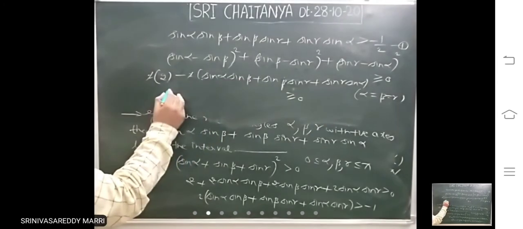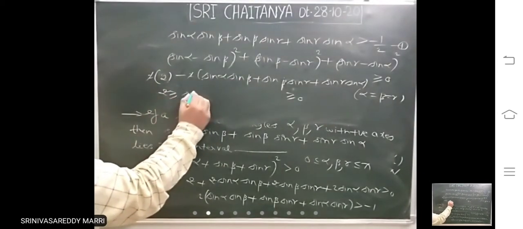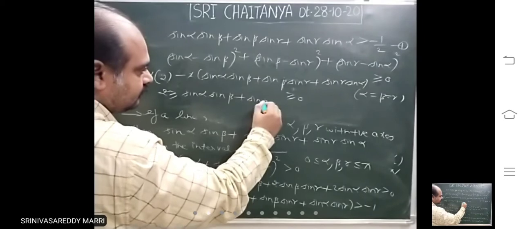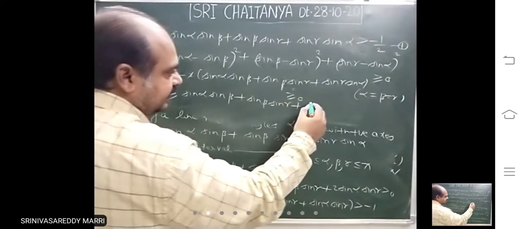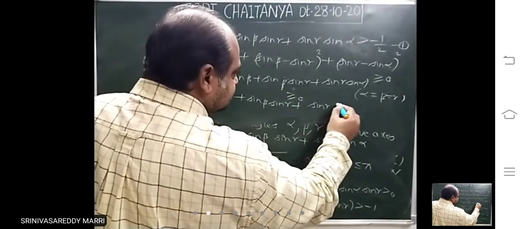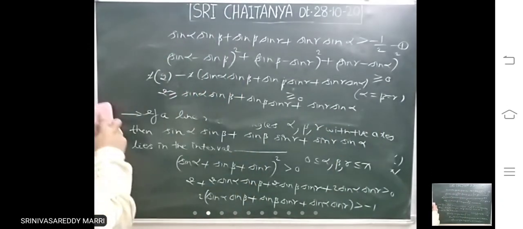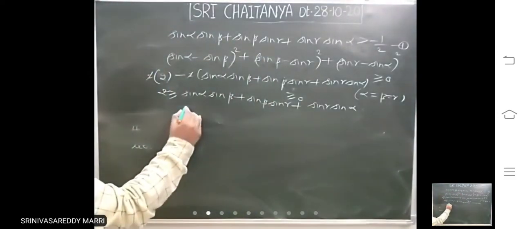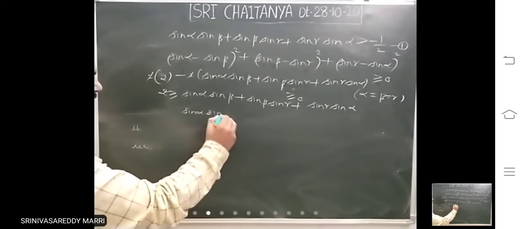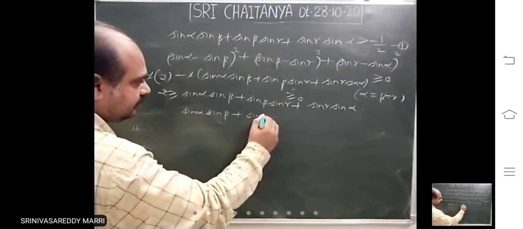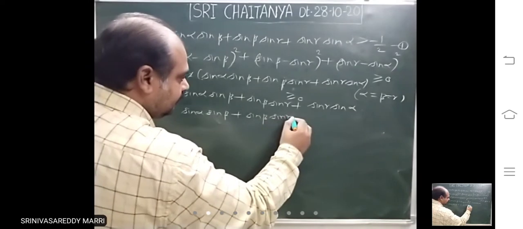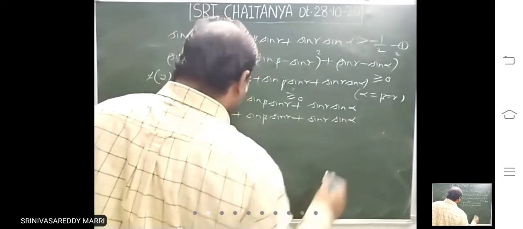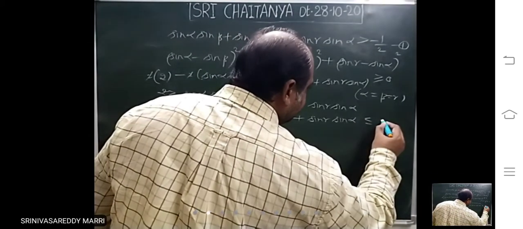So therefore bring that side 2 greater than or equal to sine alpha sine beta plus sine gamma sine alpha. From that side of the inequality, sine alpha sine beta plus sine beta sine gamma plus sine gamma sine alpha is less than or equal to 2.